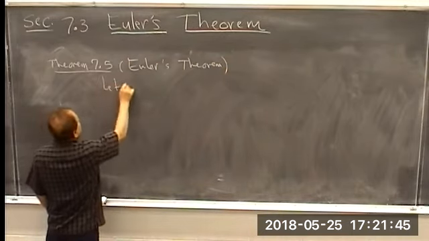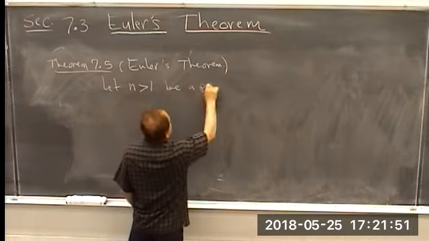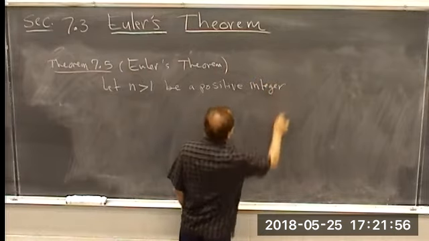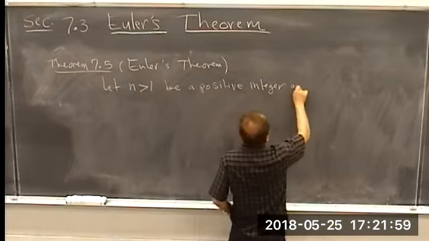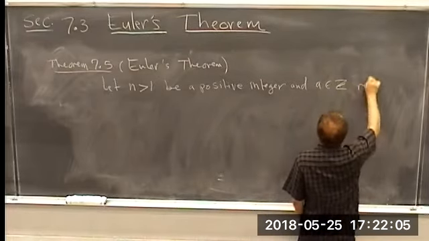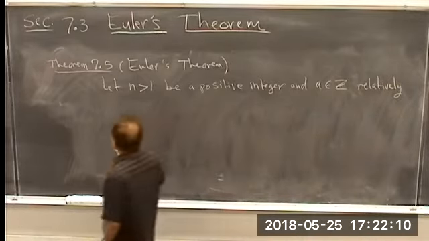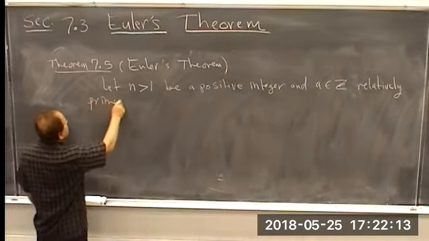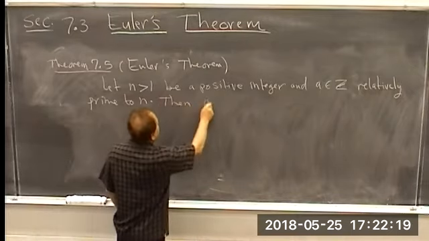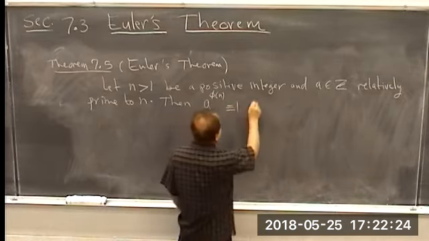Let n bigger than 1 be a positive integer, and a in Z relatively prime to n. Then a to the phi of n is congruent to 1 mod n.